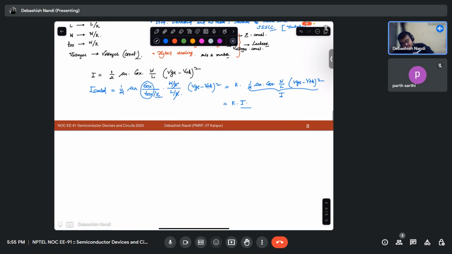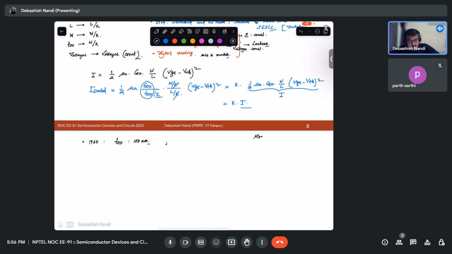So what happened actually around the 1960s, when transistors first came about, what was your TOX? Any idea? It was around 100 nanometer. And there is a thing called Moore's law.